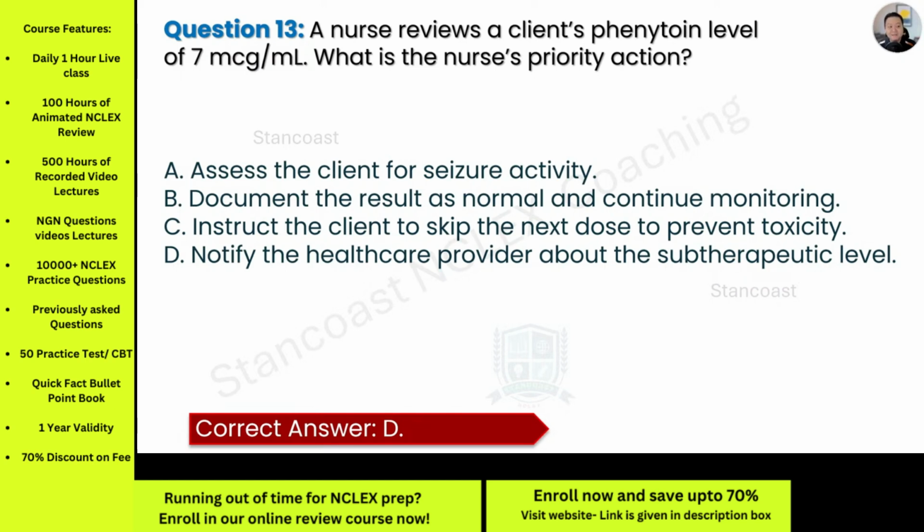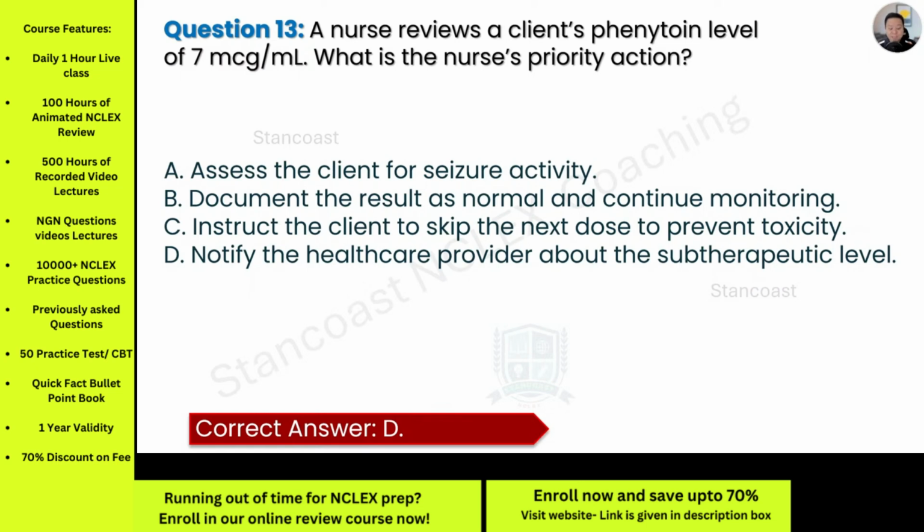So a level of 7 micrograms per ml is subtherapeutic, meaning the medication level is too low and it will no longer be effective in preventing the client's seizure. Your priority here is to notify the medical provider to assess the dosage and to determine if an adjustment of the dose is necessary.